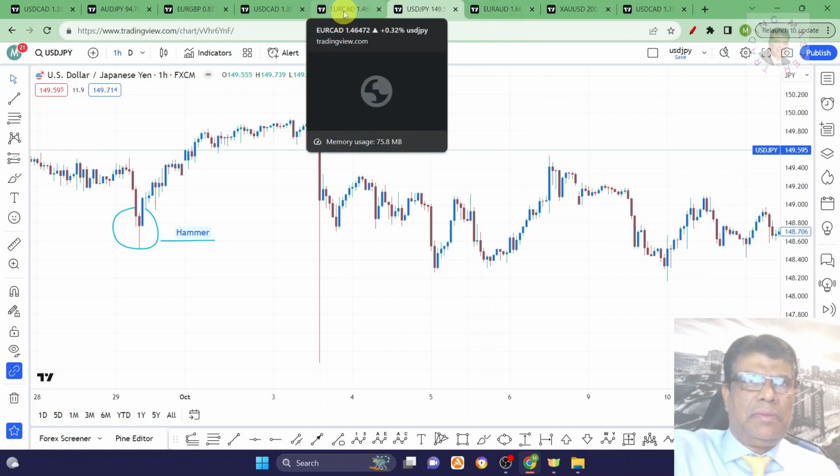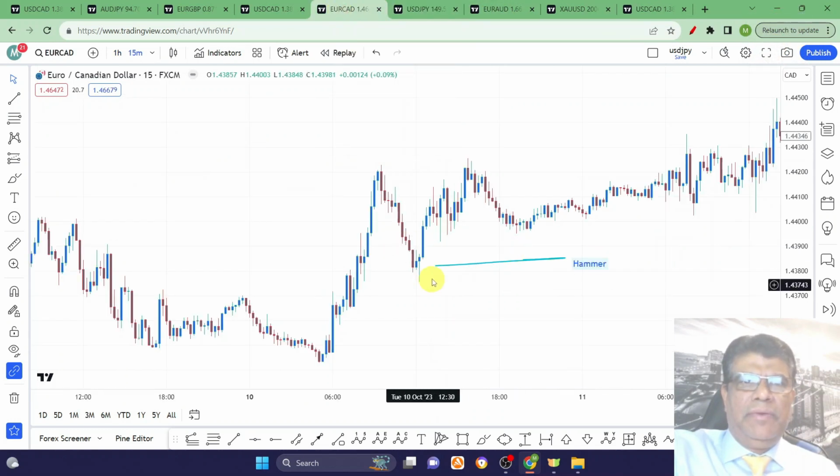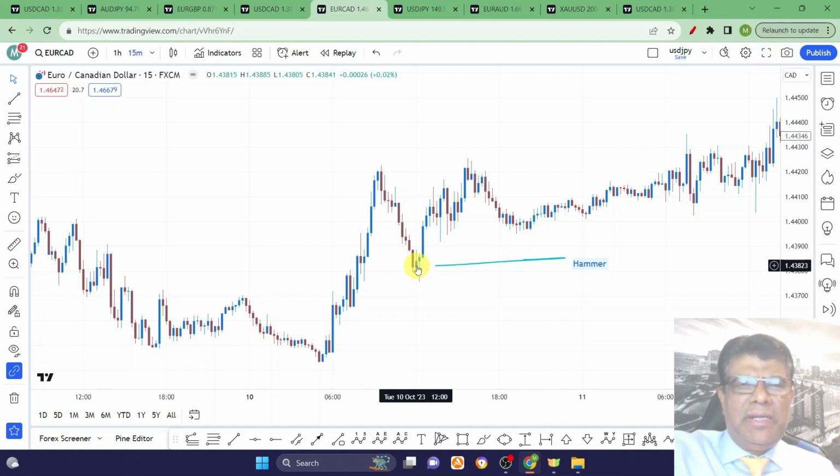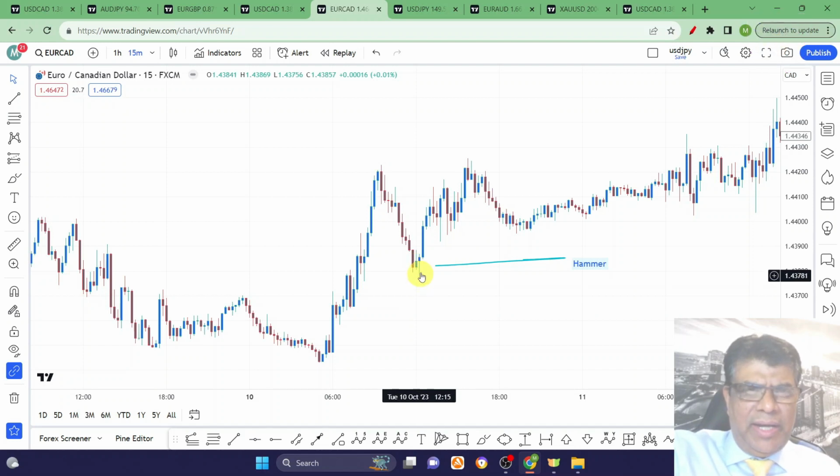Now look, I have another hammer, perfectly, but the reason, look at this, it registered the swing low. But the reason, see this candle, you can say, oh, why didn't I take this one? This is a perfect inverted hammer. But the reason I did not trade off of that and I used this one, because this is a perfect hammer, because look, after it registered, this candlestick actually registered the swing low, but then this one didn't cross, it just stayed inside this.